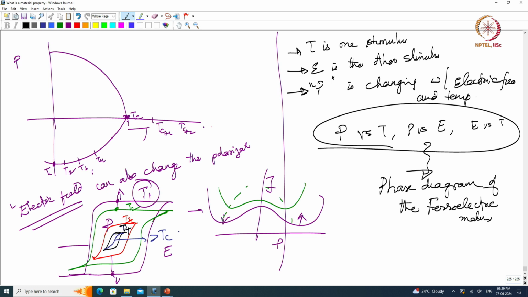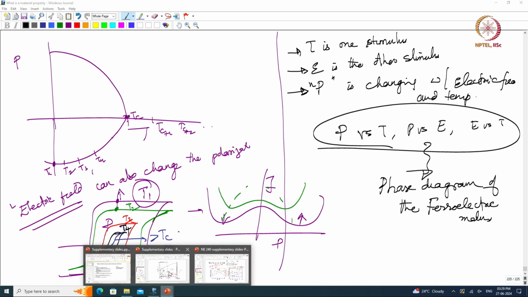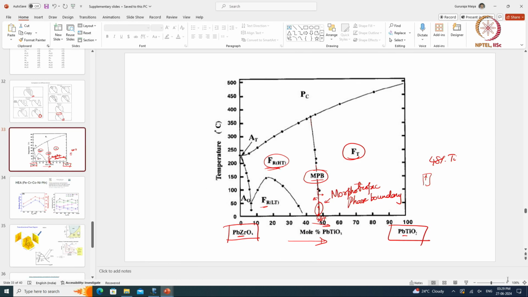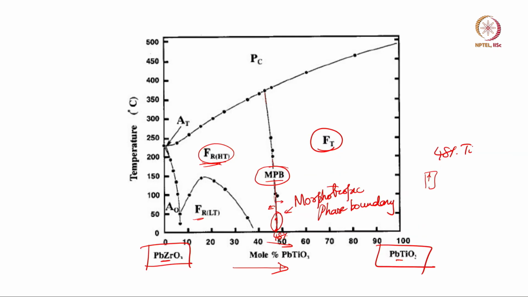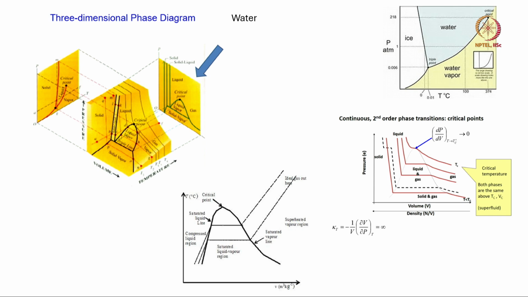This is similar to, for example, the phase diagram of water, which according to me is the easiest and most important phase diagram. In water I have volume, temperature and pressure, so I can put all three on three different axes: the pressure axis, the temperature axis and the volume axis.